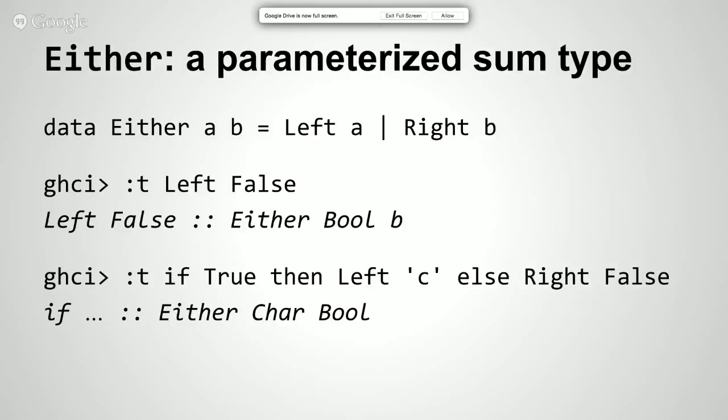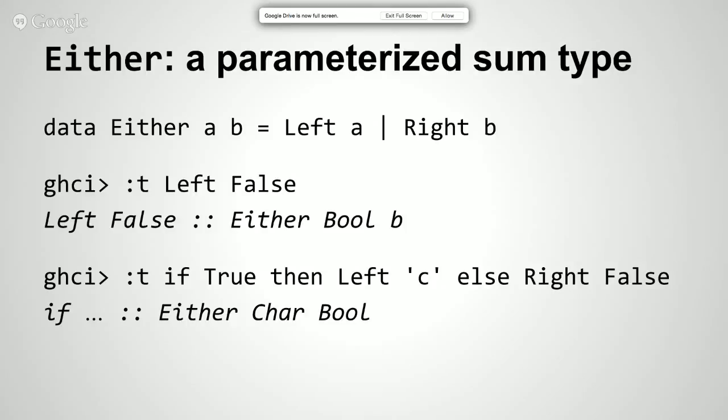Well, you're talking about the bool, but why is that expression typed as either char or bool? This is really a case statement. Well, yeah, it's really a case statement, but that's not quite the reason why. So what is the most generic type that you can infer from that expression? Exactly.